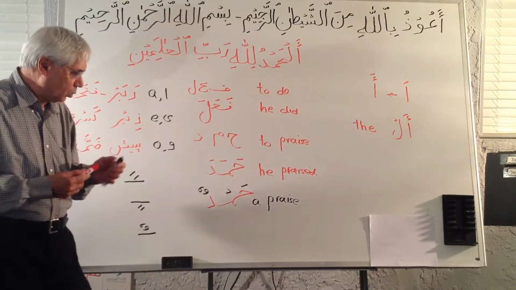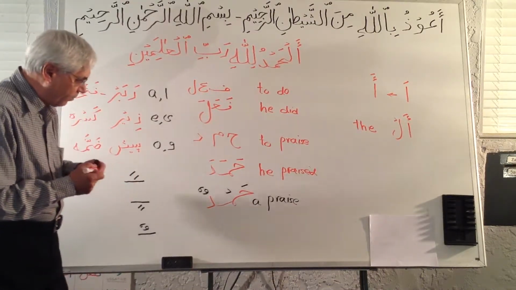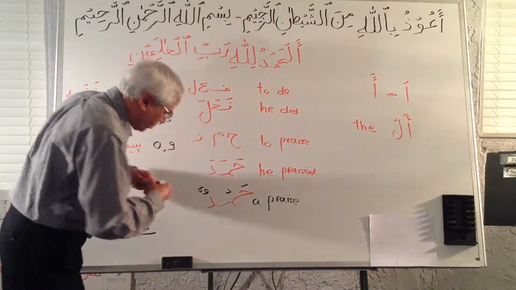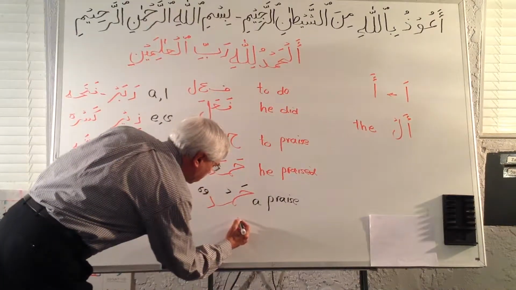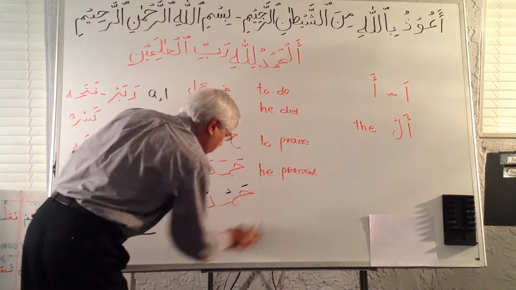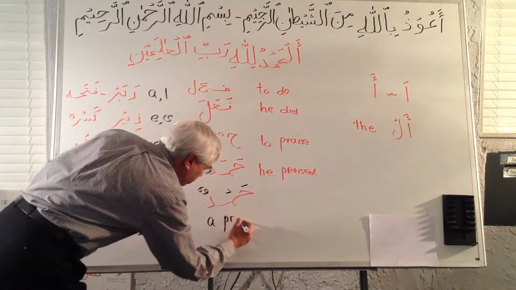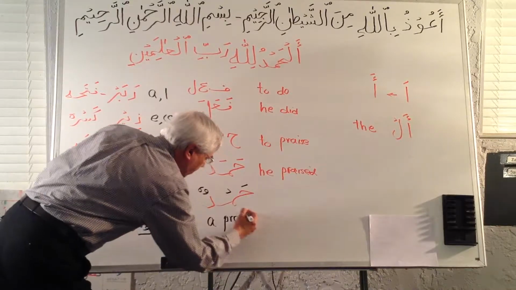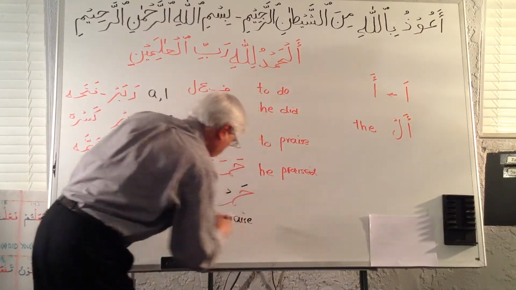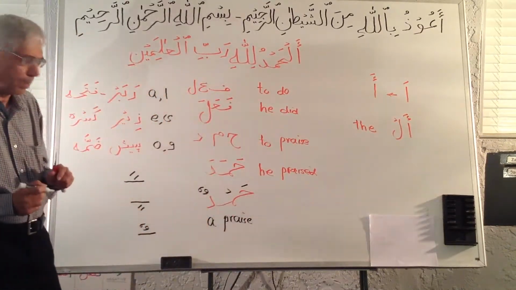We also do one thing. If we put al, so I'm going to rewrite this. The meaning of this is a praise, and the word is hamdun.